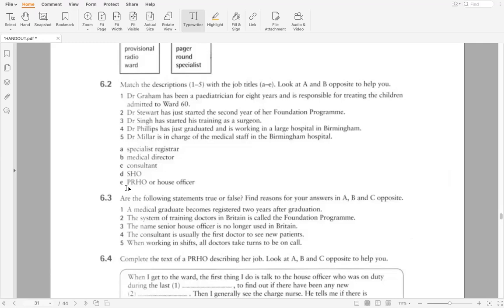Dr. Graham has been a pediatrician for 8 years and is responsible for treating the children admitted to Ward 60. This is a consultant.